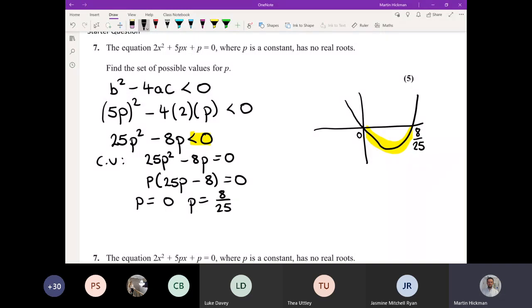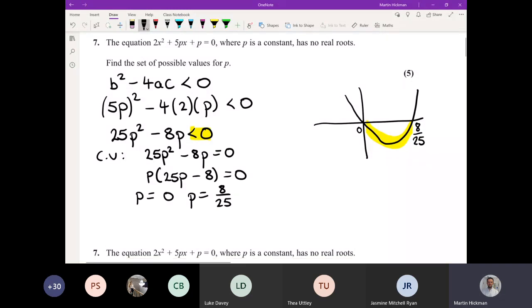If it's less than 0, I'm looking below the x-axis. So therefore I have this as my final solution. It's between 0 and 8 over 25.